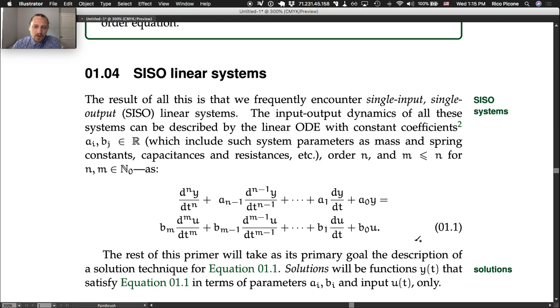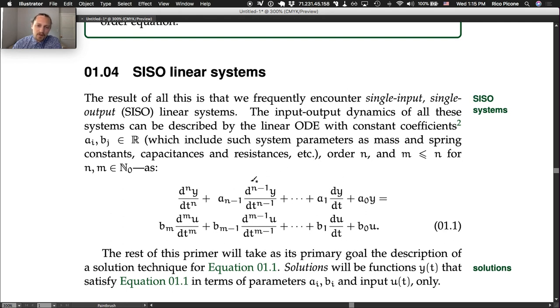Solutions will be functions y that satisfy equation 1-1 in terms of parameters a, b, and input u only. So solutions for y in terms of a and b and u. So we've got to solve the differential equation. The solution is going to be functions that satisfy this equation.